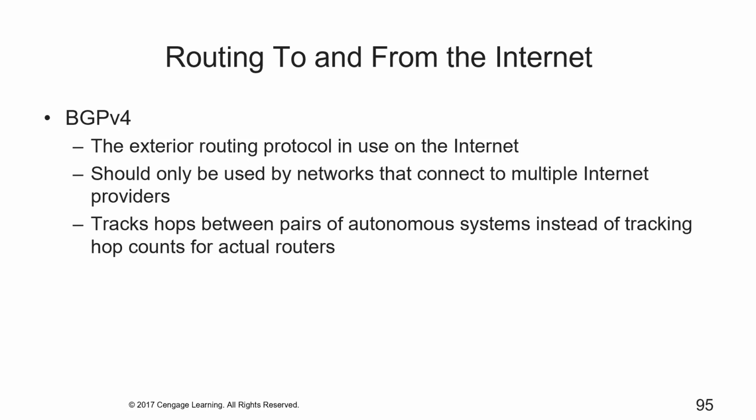Fortunately, only a few companies have networks complex enough to require BGP, and as a general rule, only networks that connect to multiple internet providers should even use BGP. Even so, no discussion of routing would be complete without covering this protocol, because it's part and parcel of the internet backbone.